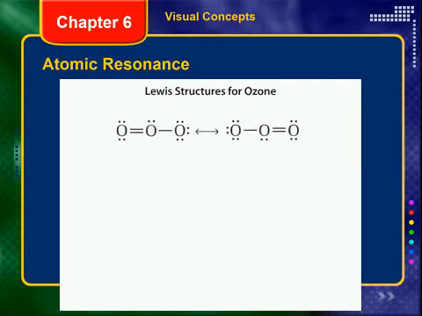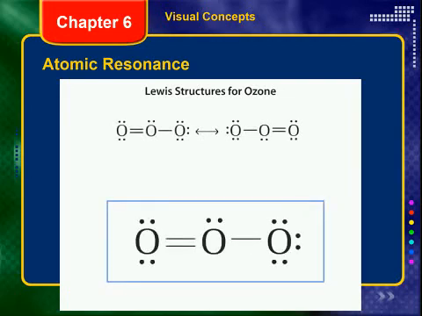Some molecules and ions cannot be adequately represented by a single Lewis structure. At one time, it was theorized that the bonds in molecules like ozone resonated or alternated between single and double bond states. Later investigation proved that the two bonds were actually identical.